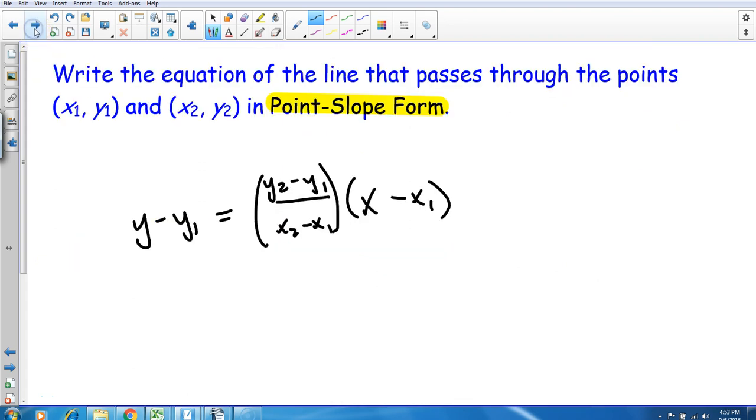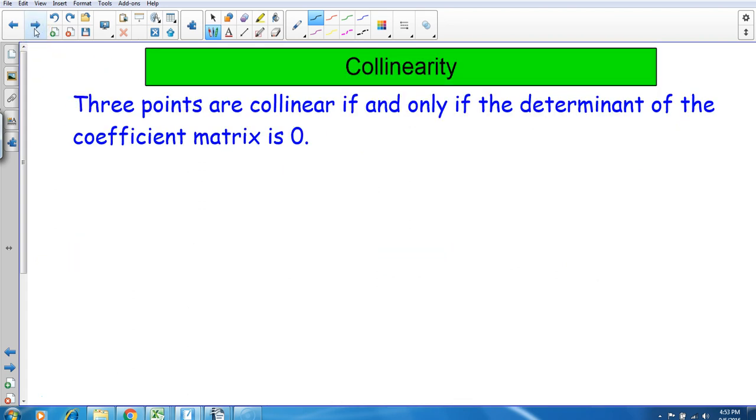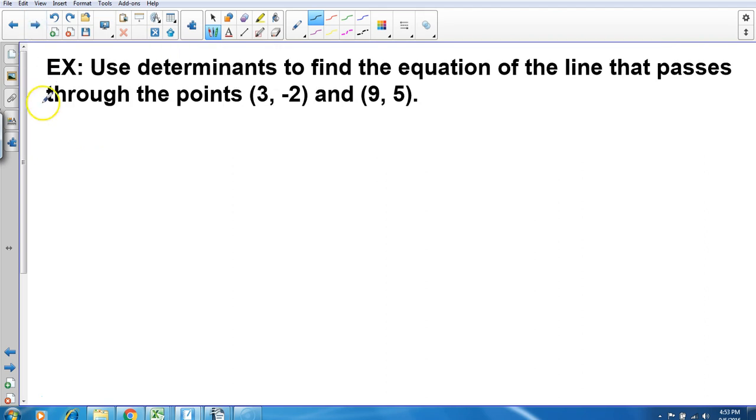So let's look at an example real quick. Use determinants to find the equation of the line that passes through these points: 3, -2 and 9, 5. So what we're going to do is set up and say, let matrix A equal, we're going to start with our x and our y.